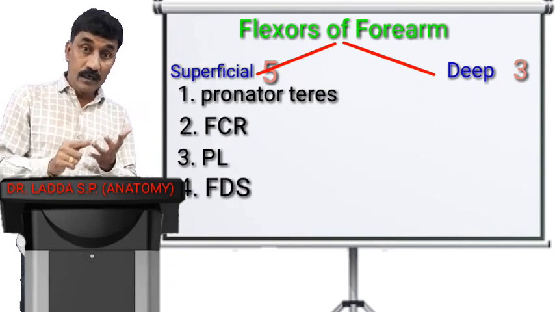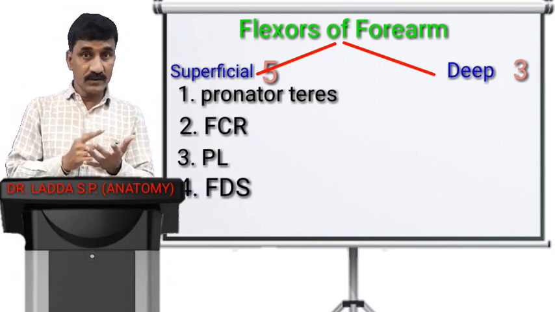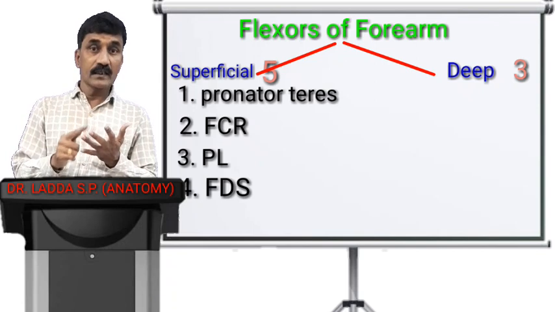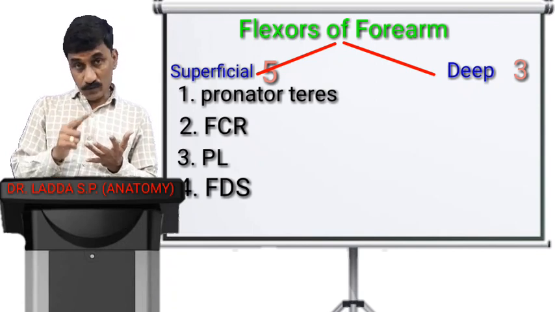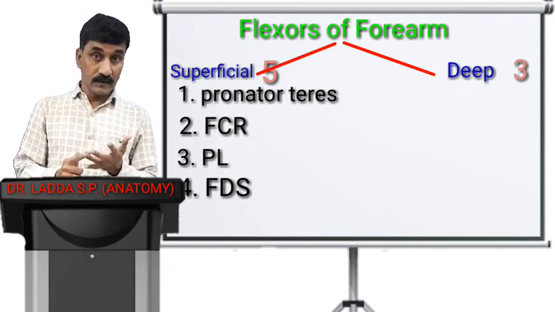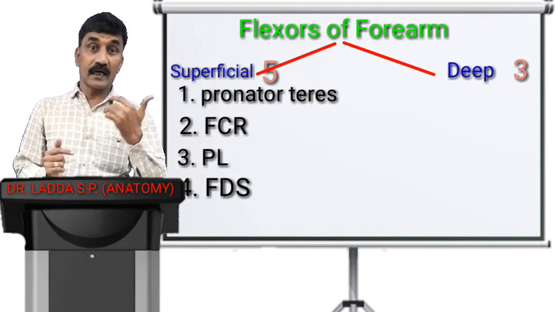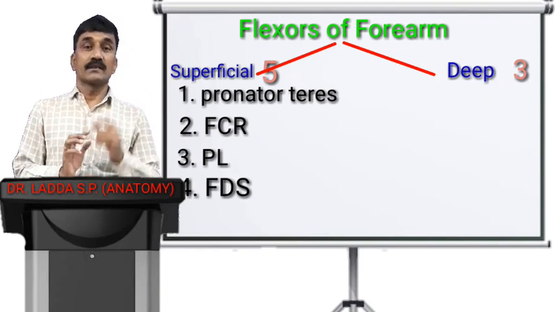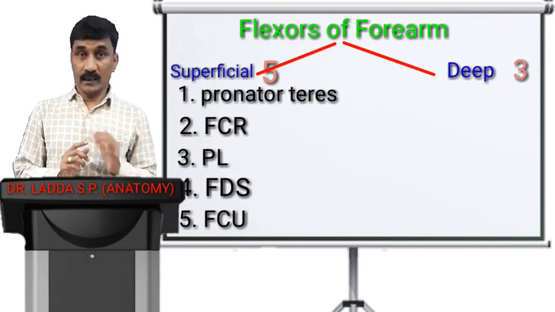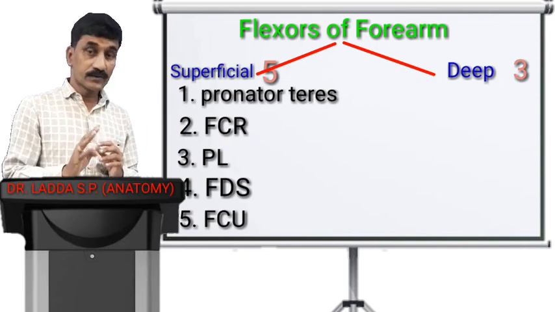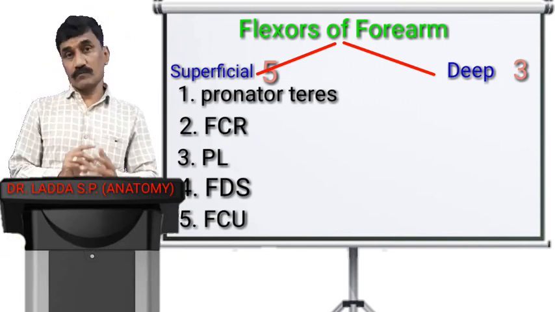Fourth is flexor digitorum superficialis. And the fifth, as there is flexor carpi radialis, in the same sense there is flexor carpi ulnaris. So these are the superficial muscles of the forearm.